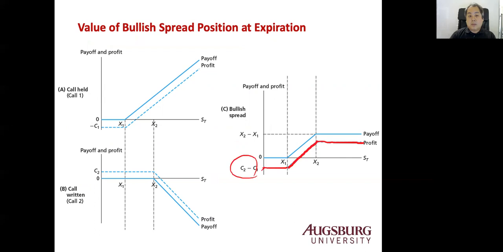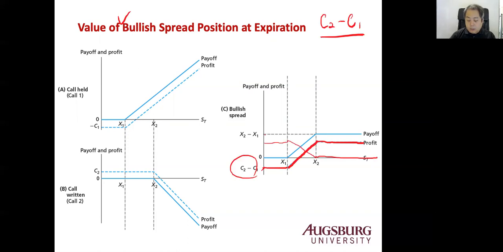This is called a bullish spread. You can also have the exactly opposite strategy, then you have a bearish spread, with the payoff like this.